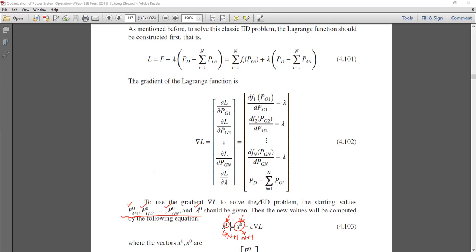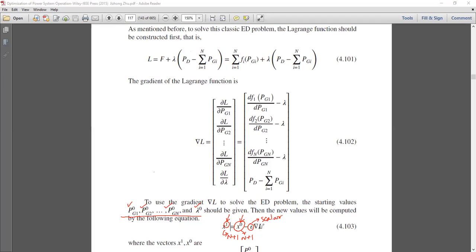Okay. What is epsilon? Is it a vector or a scalar? The learning parameter or the learning rate? Scalar. It is a scalar. So you are calculating a vector of size n plus 1. On the right hand side, X naught is another vector of n plus 1 elements.